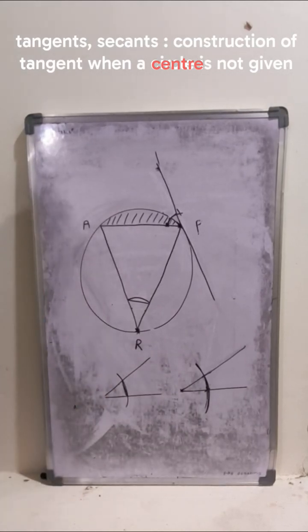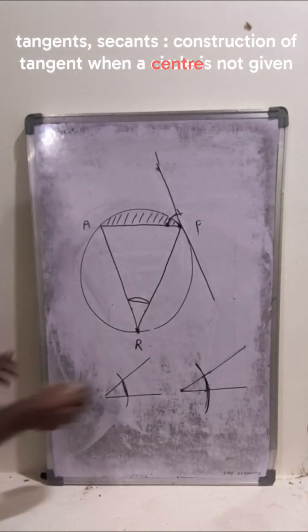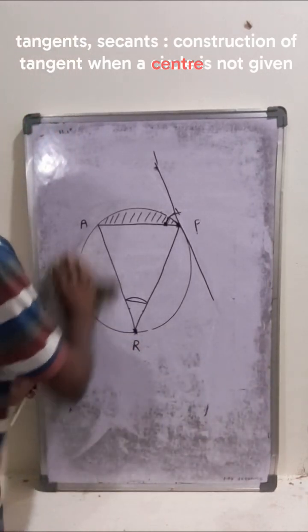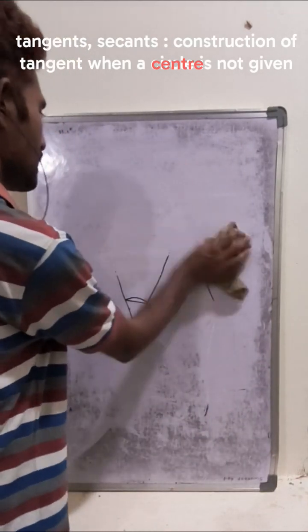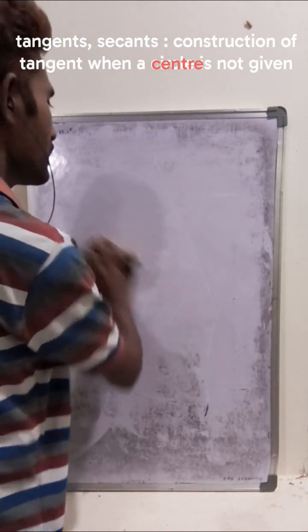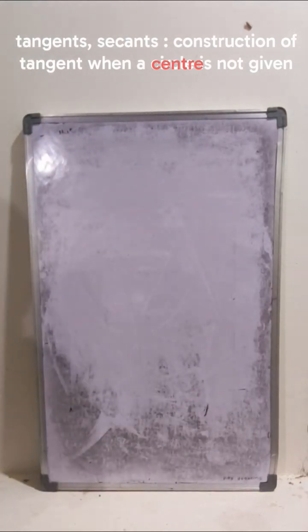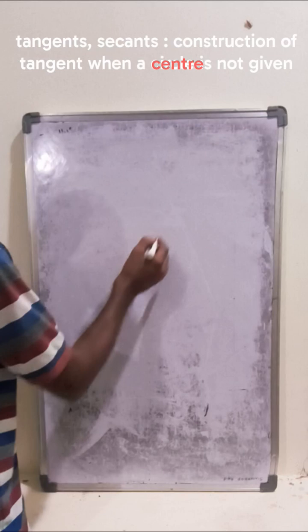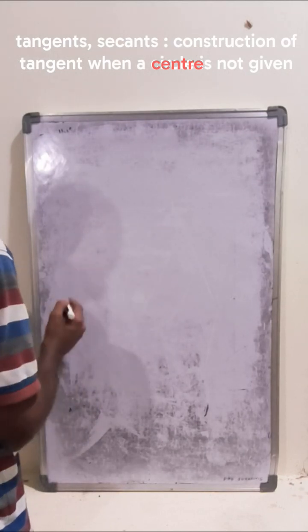So by using the copy of an angle concept, we can construct this tangent. But how is this working? The reason is, this theorem is called the alternate segment theorem. So what is this alternate segment theorem?